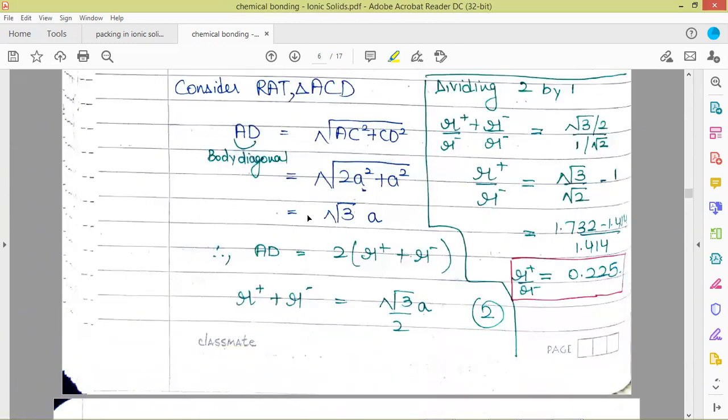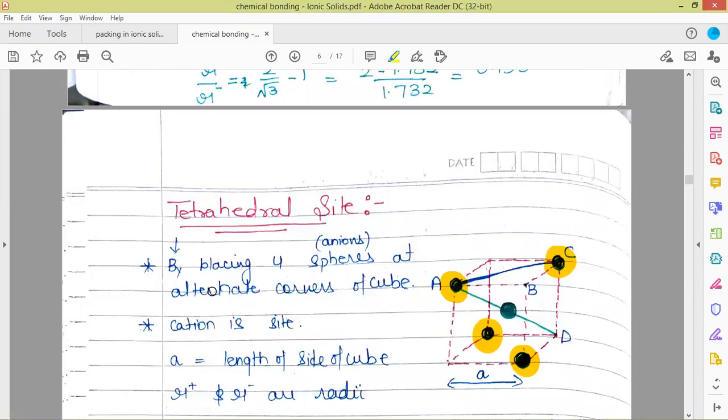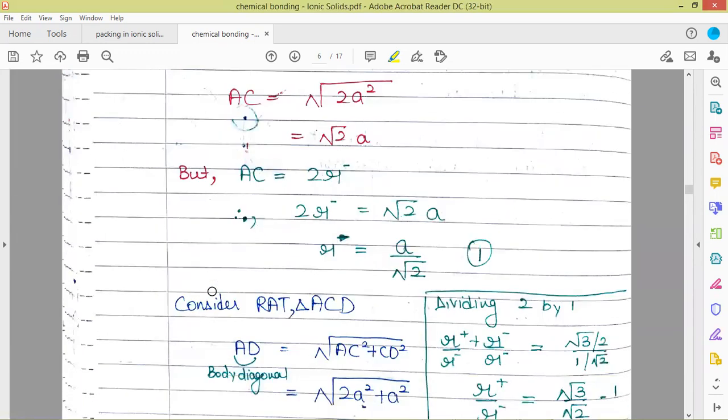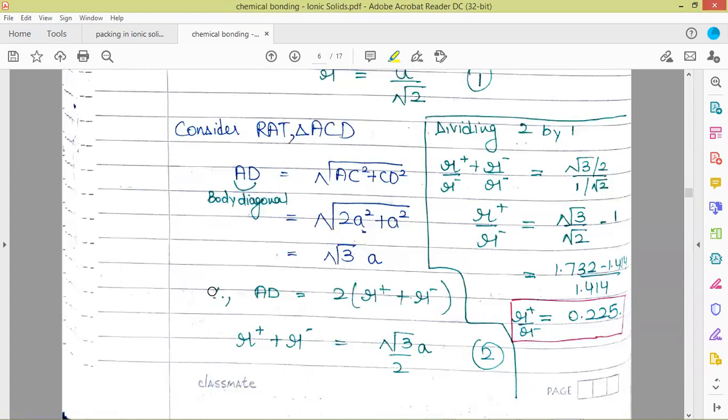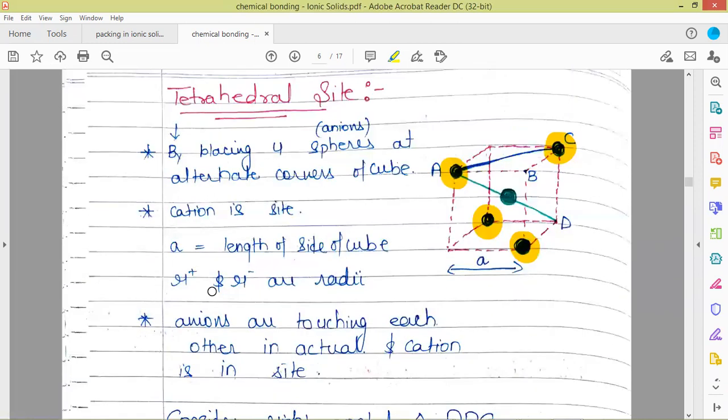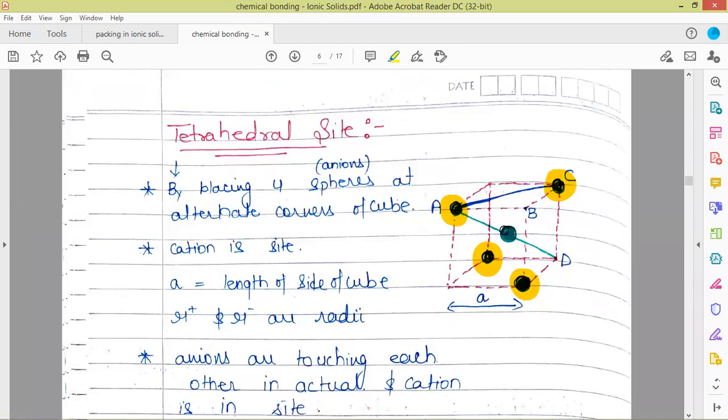So we'll put the values of AC and CD and we'll get the body diagonal, that is root 3 A. Also AD, as we have seen, is the body diagonal. So AD is equal to twice of r positive and r negative, as the anion present at the corner A is going to touch this cation when it is present in the site, and this must be present at the center of this cube.